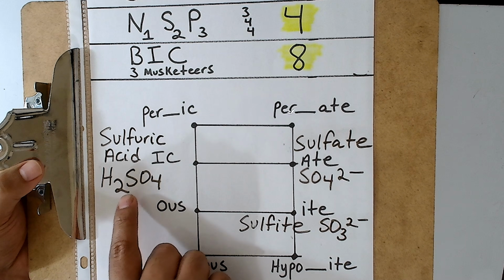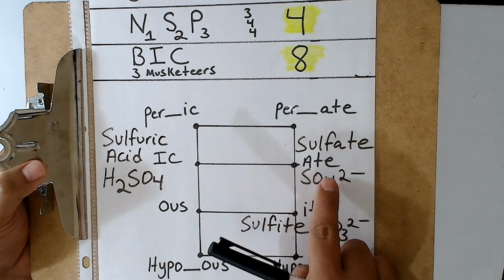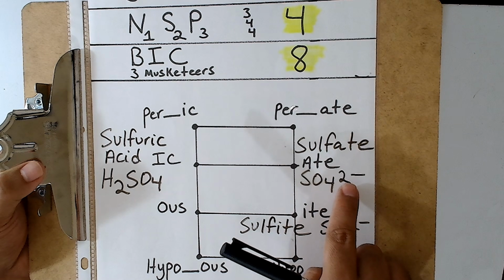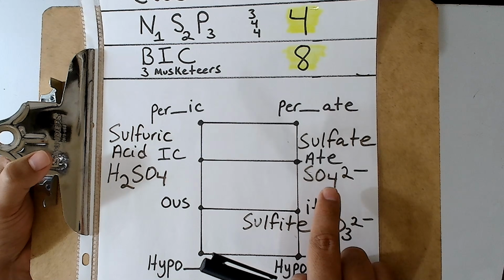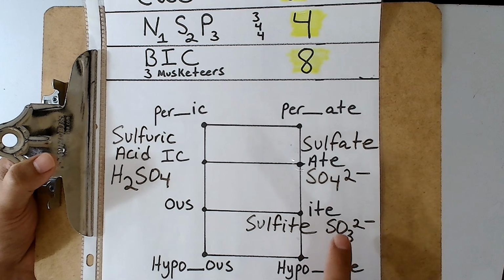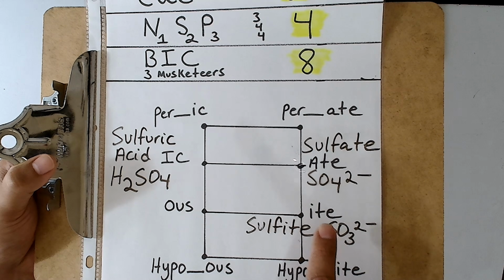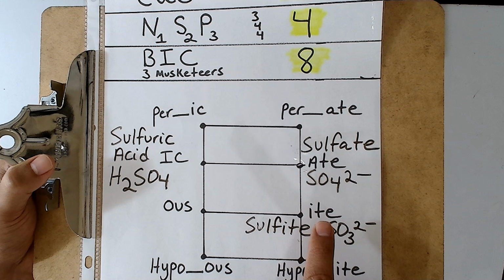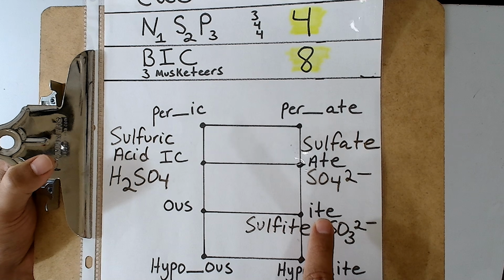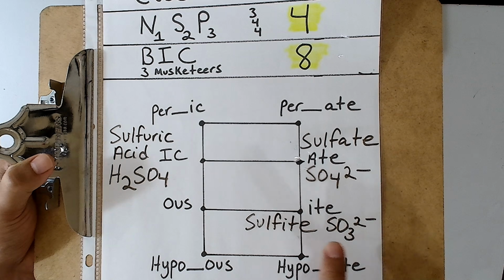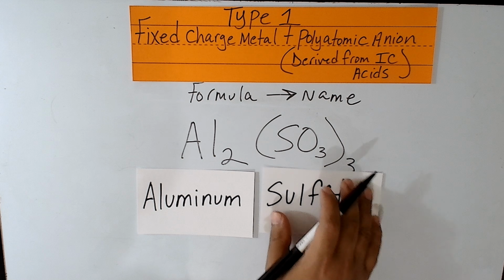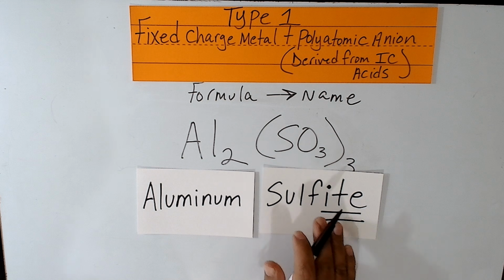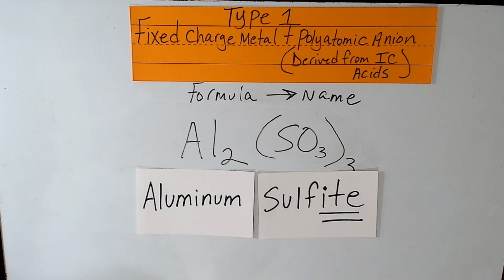When sulfuric acid donates 2 hydrogen ions, it becomes sulfate, and it gains its 2 minus charge. Then if you have 1 less oxygen, you are seeing the anion that is going to end with ite, which would be sulfite. So with that being said, the chemical name for this is going to be aluminum sulfate.